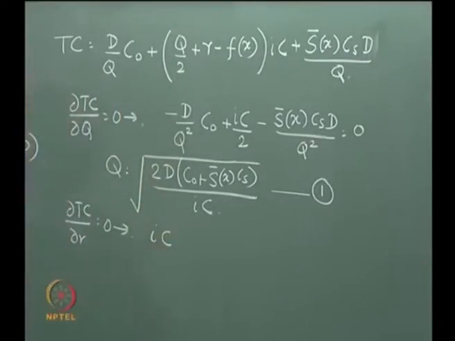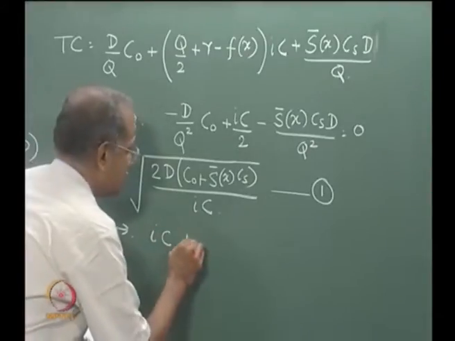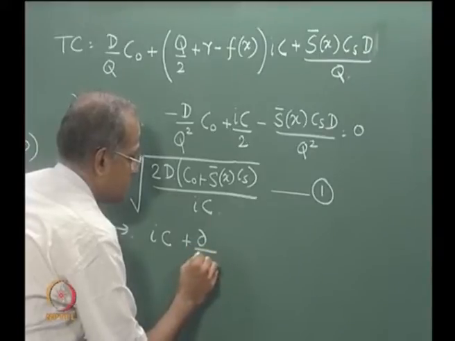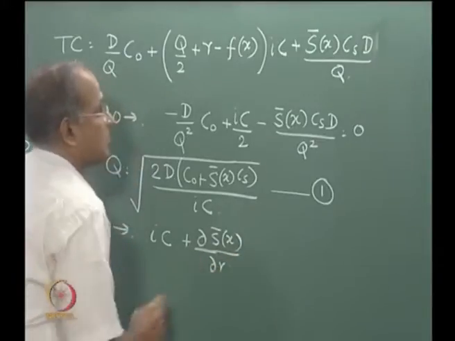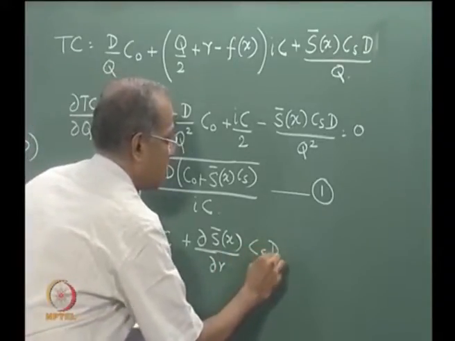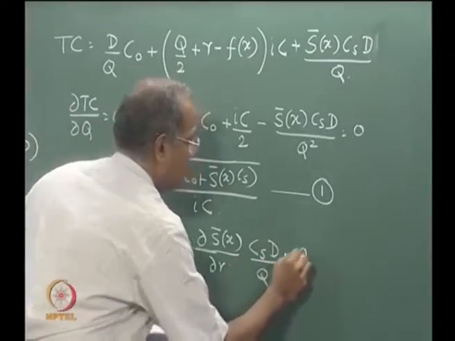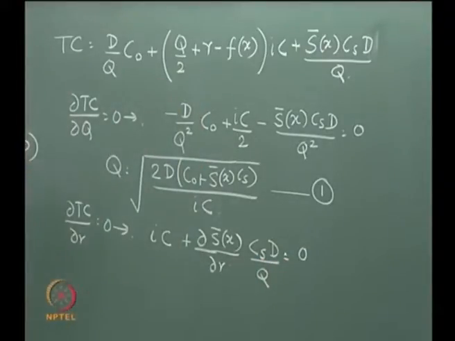So there is an I c which comes from here, I c plus dou of s bar of x by dou r into C s d by q equal to 0.